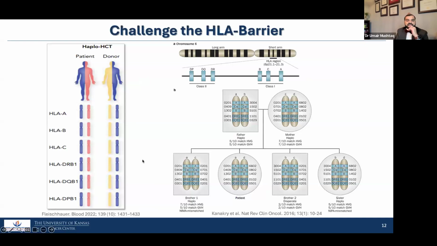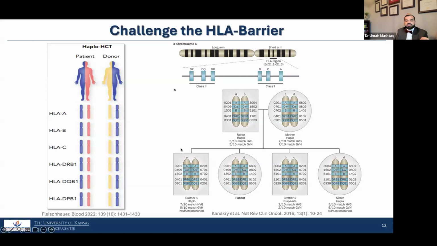This again looks at the same concept in more detail. So this is a patient depicted in red and blue, and the donor is in yellow and blue. So you just need to match the half. And then this looks at more details. The class 1s are HLA A, B, and C, and class 2 are DR, DQ, and DP.